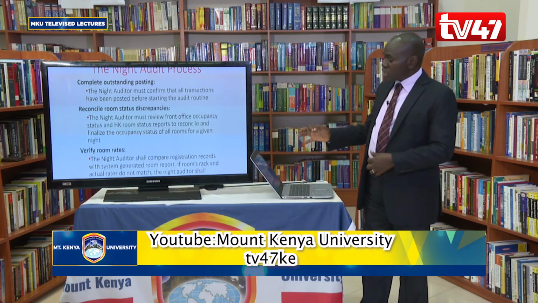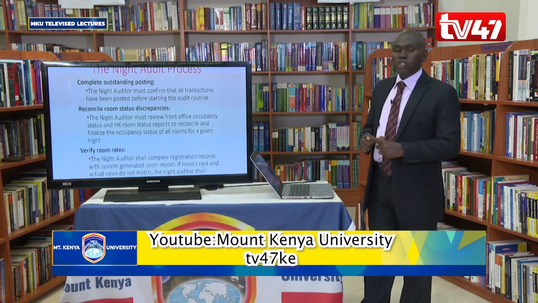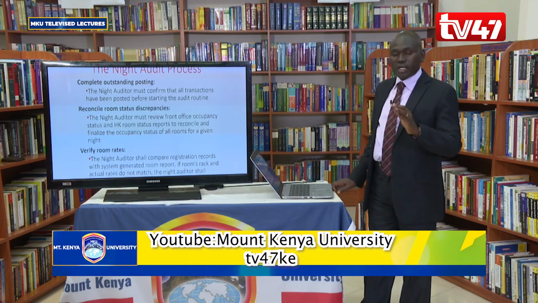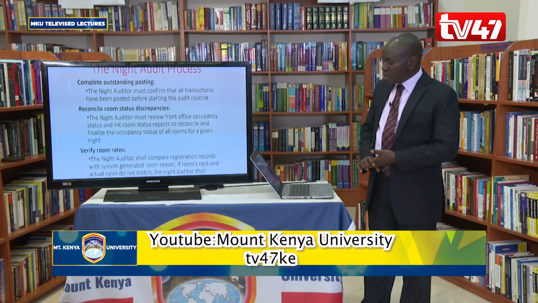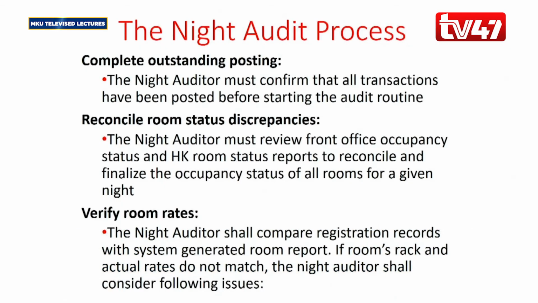Now, those are expected to have been posted into the system and to the accounts of the guests and the non-guest accounts. In the event that any of them has not been done, before the night auditor starts their process, they will be required to complete all the outstanding postings, both debit postings and credit postings.